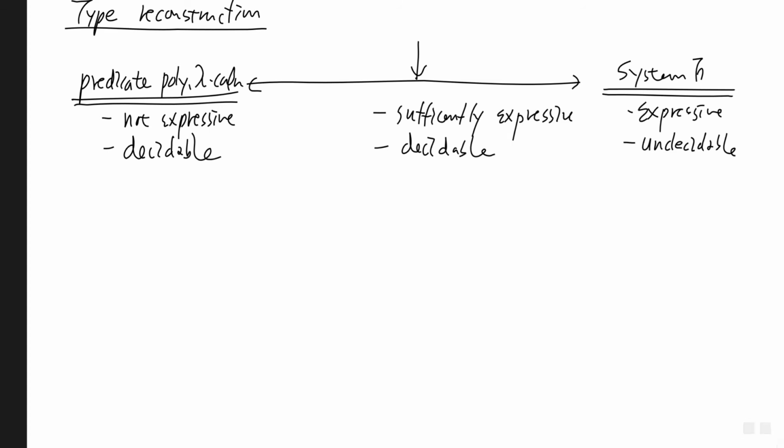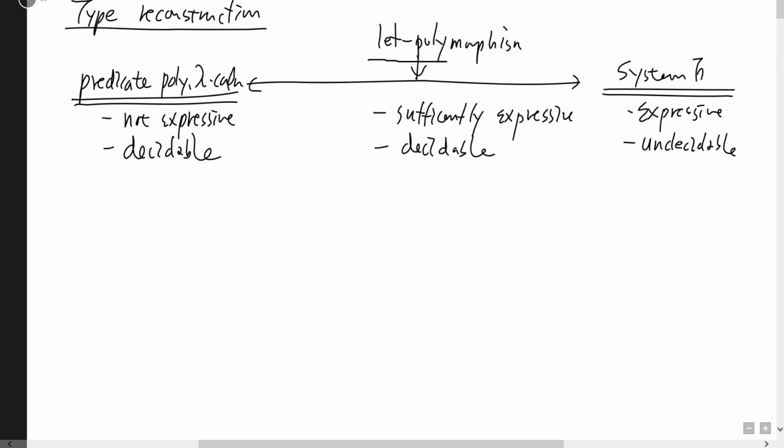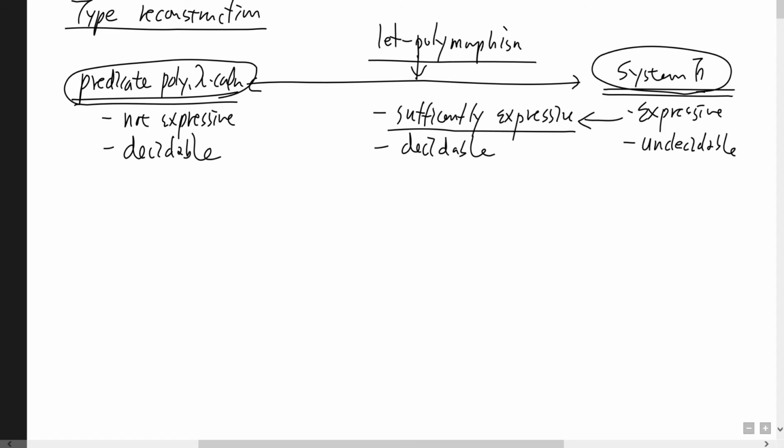So we learned that let polymorphism lies at this sweet spot. It offers a good compromise between predicative polymorphic lambda calculus and system F by inheriting the best of both worlds. It's reasonably expressive because we can define polymorphic expressions and use them really polymorphically in different contexts. And it also inherits decidability from predicative polymorphic lambda calculus.